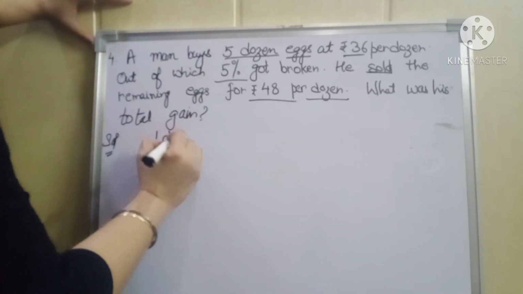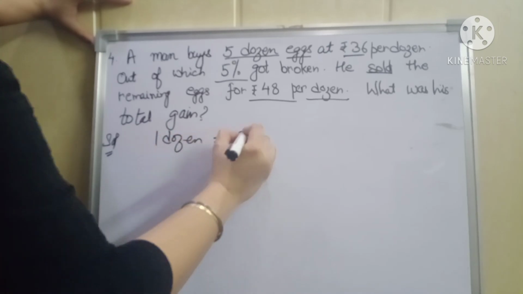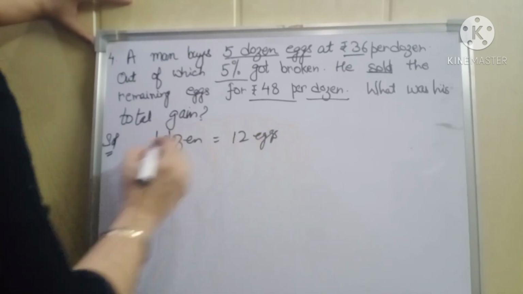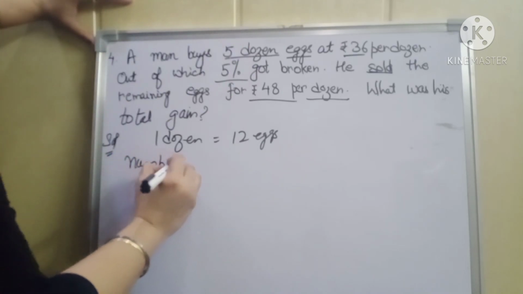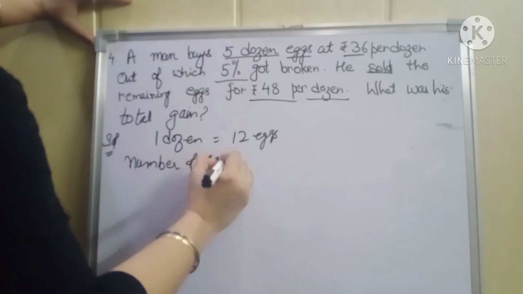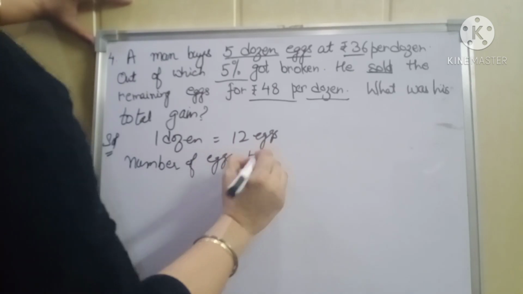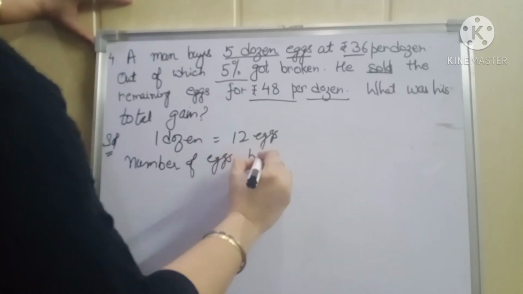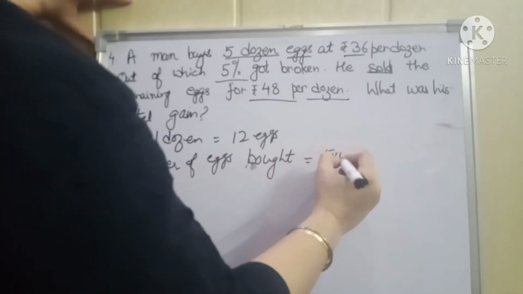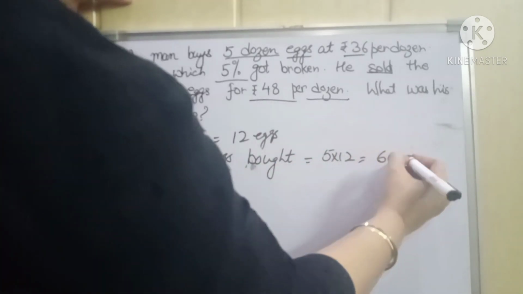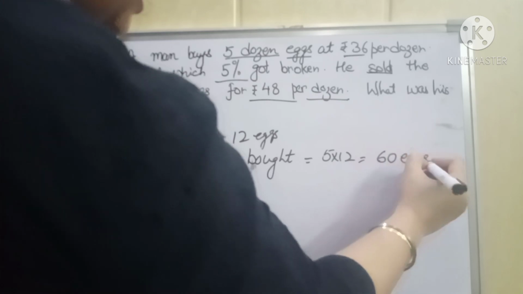Now 1 dozen is equal to 12 eggs. So how many eggs has he bought? Number of eggs bought is equal to 5 into 12. That means 5 12s are 60 eggs.